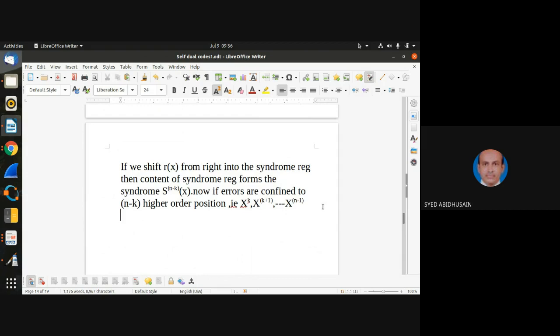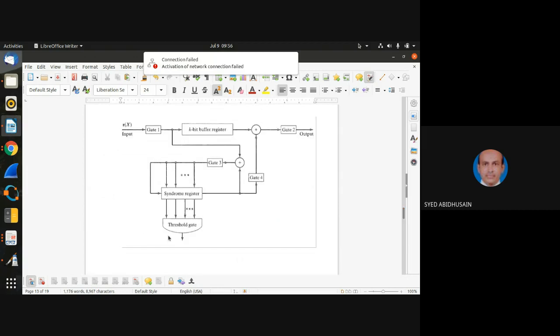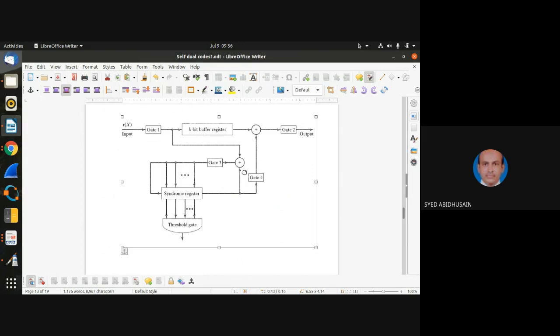So got it. What is it saying? You shift the received polynomial, which is from the channel, from the right into the syndrome register. This is your syndrome register. We shift it from this right side; this is the right side of the syndrome register, and this is the left side. Are you following? If you shift R(x) from this right side, as shown in this block diagram, what will happen?